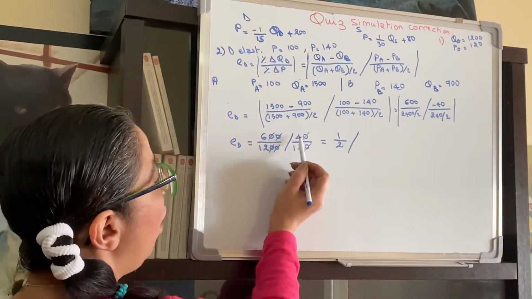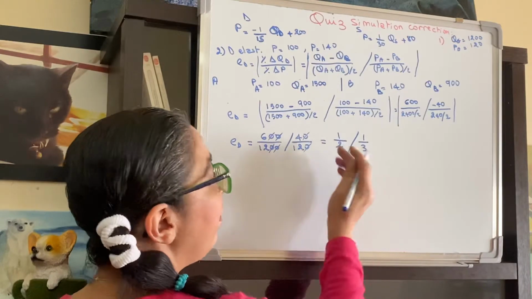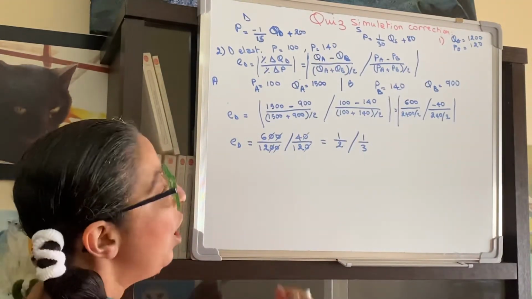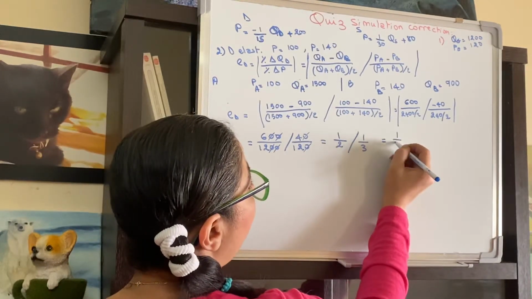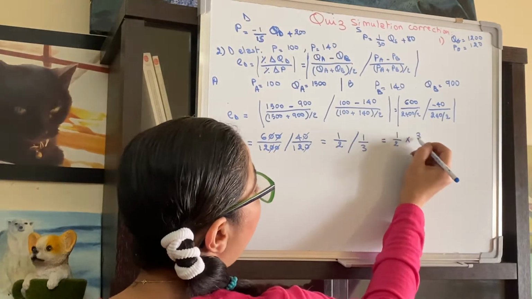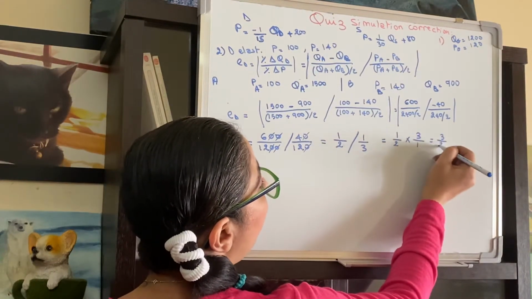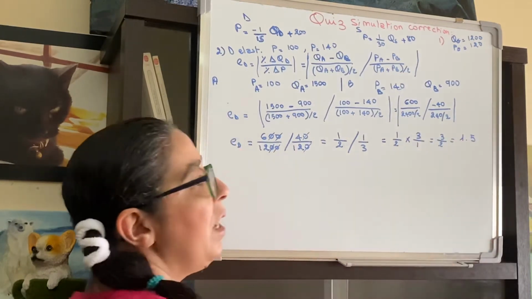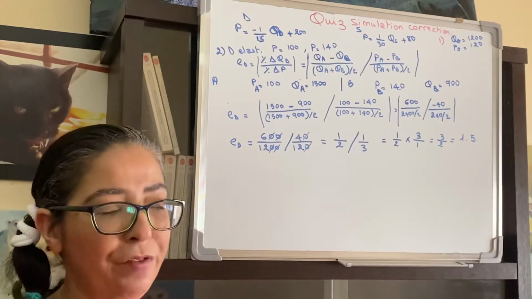That's going to give me 1 over 3, okay? This is the way I do it. You don't have to do it the same way. Once I do this, it becomes really easy. It's 1 over 2 times 3 over 1, which is going to give me 3 over 2, which is equal to 1.5. And that would be the elasticity of demand, 1.5.